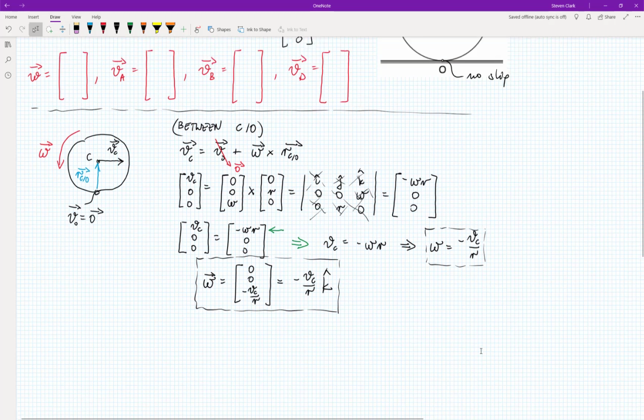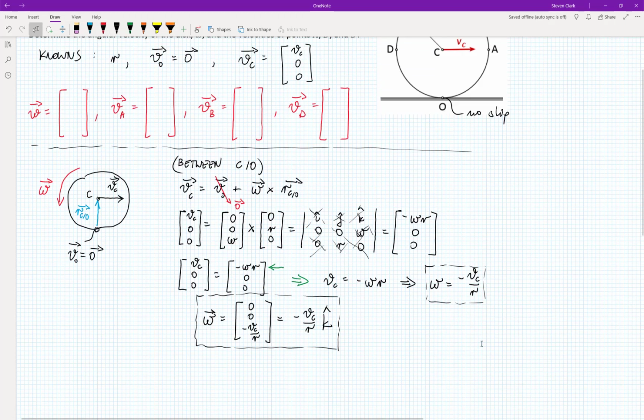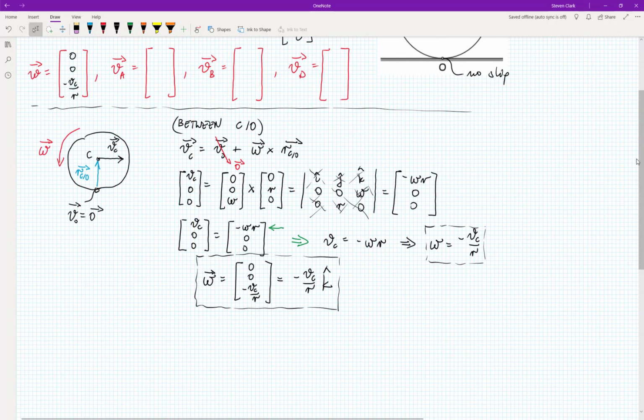Okay, so before continuing the problem, I will just fill out our table. (0, 0, minus VC over R). Okay, and now I would like to continue with maybe finding velocity at point B. Okay, so I just want to find the velocity at this point. So in order to do that, we can write down an equation between, I don't know, B and O. Is it fine? We can also write an equation between B and C, and we will obtain exactly the same answer.